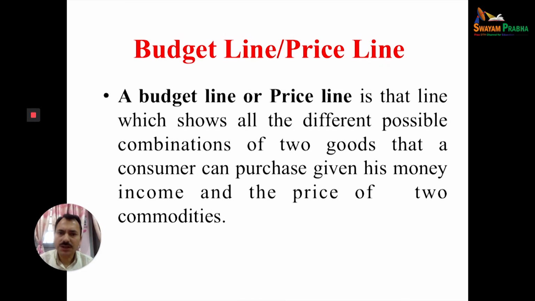A budget line or price line is a line which shows all the different possible combinations of two goods that a consumer can purchase given his income and the price of the two goods. A line which shows the combinations of two goods that a consumer can purchase with his given income, assuming other things remain constant, is called a budget line.